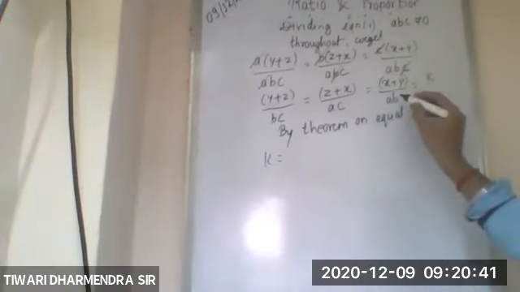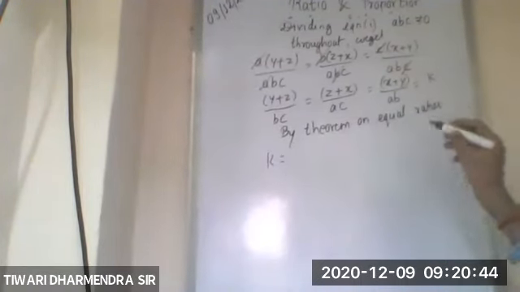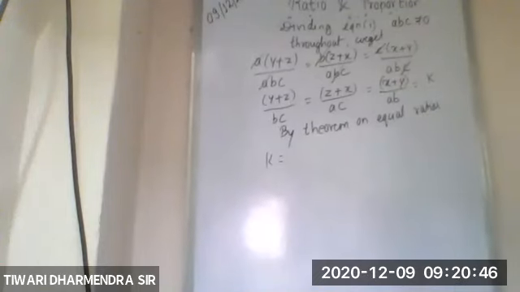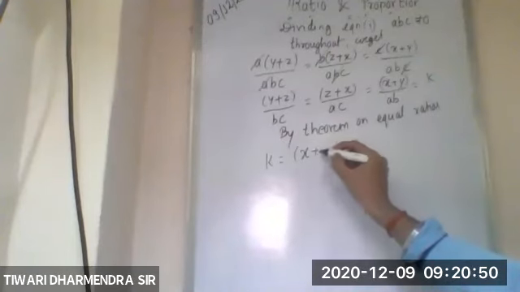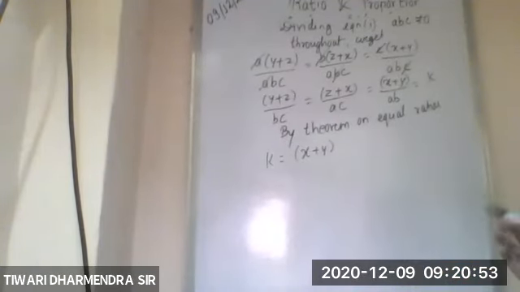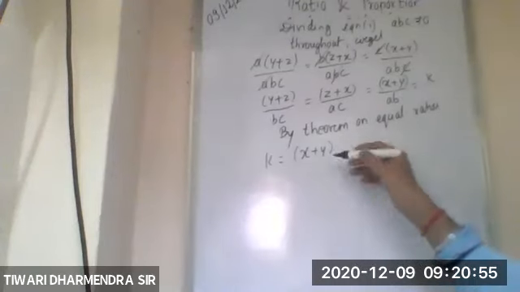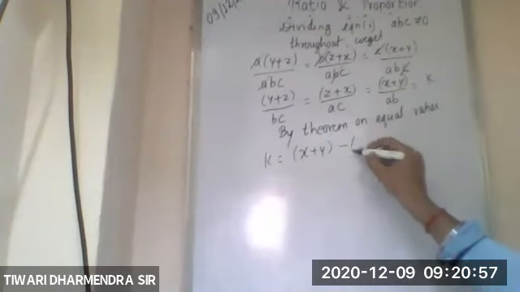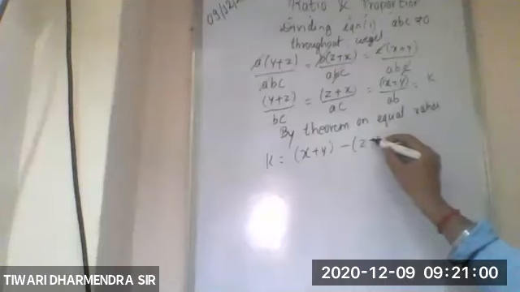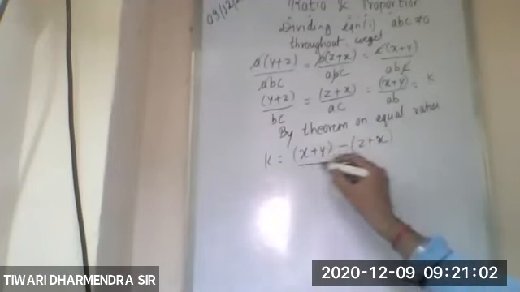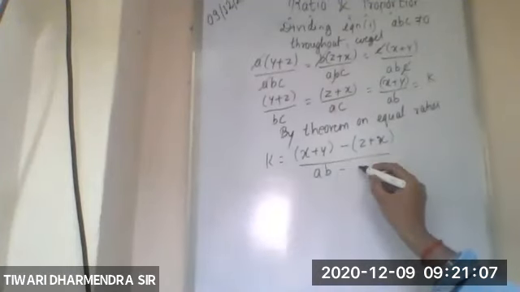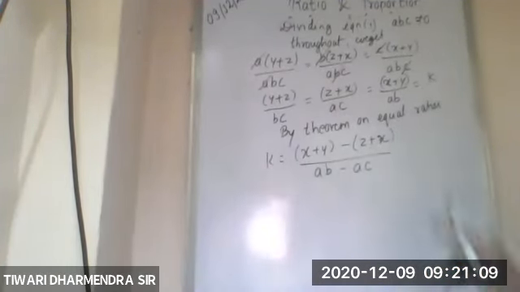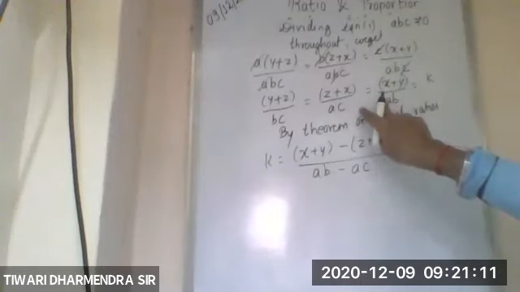Just take help of, as I have told you, the requirement of y minus z. So y should be positive. So take this (x plus y) upon AB, minus, since the requirement is subtraction, (z plus x) upon AC. Hope you have understood it. I'm taking help of these two equal ratios.